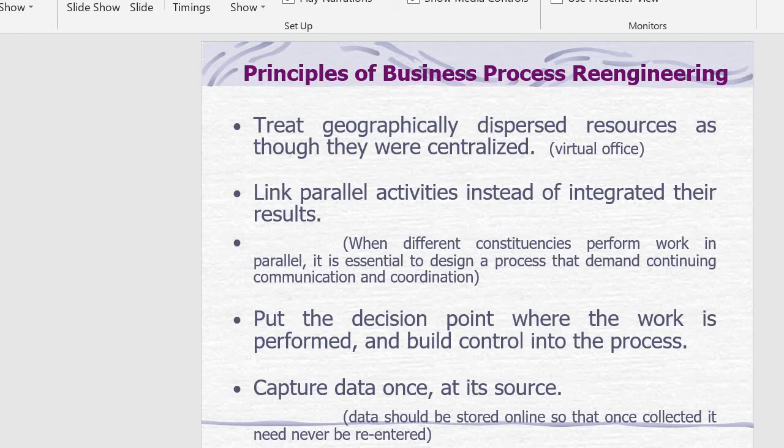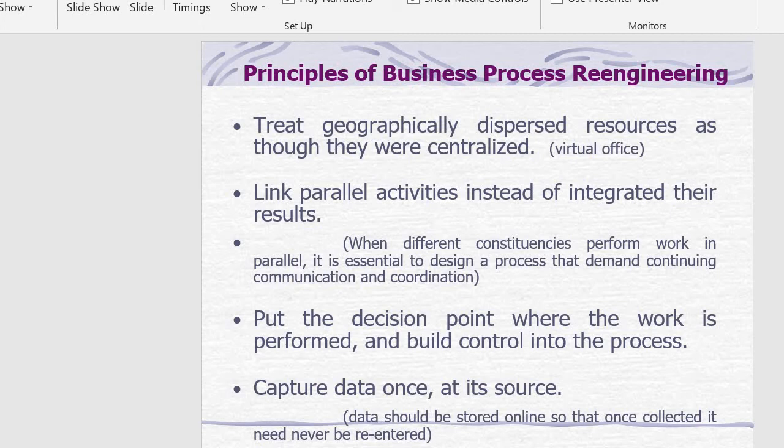Link parallel activities instead of integrating their results. When different constituencies perform work in parallel, obviously they will take less time. And it is essential to design a process that demands continuing communication and coordination among these parallel activities. Then only do we get the benefit of doing the parallel tasks. If there is no communication, then it becomes a problem.